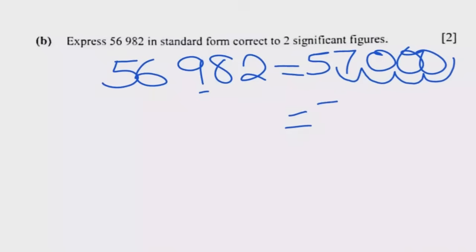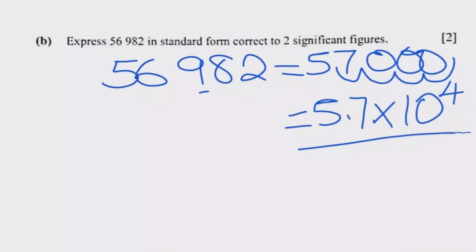So for us to come up with 5.7, the point moves 4 times. So we say times 10 to the power 4, the number of times the point moved. Like this, we have written 56,982 in standard form, correct to 2 significant figures.